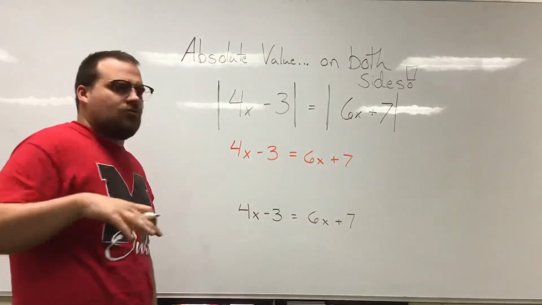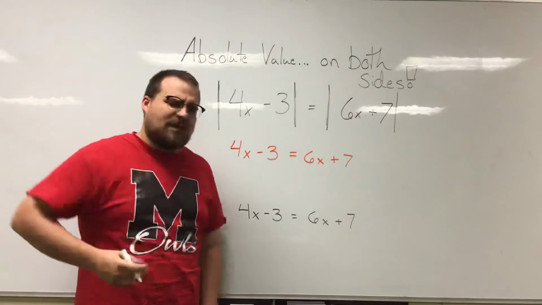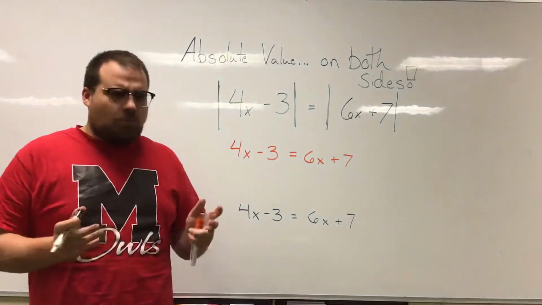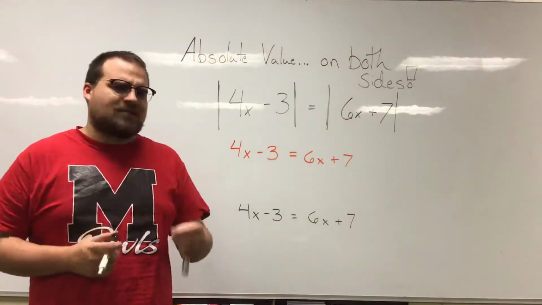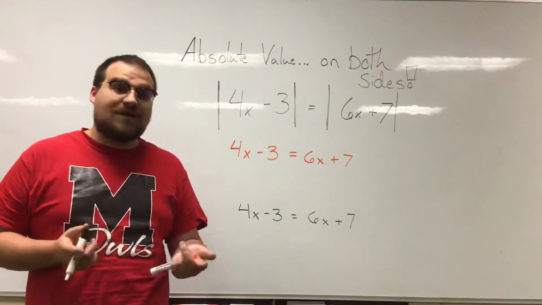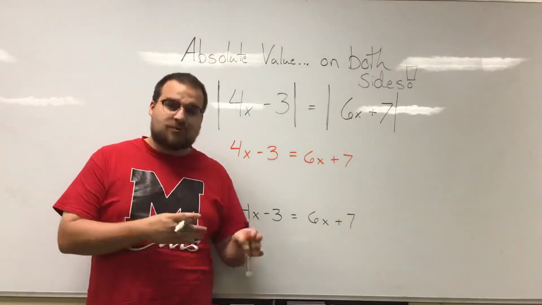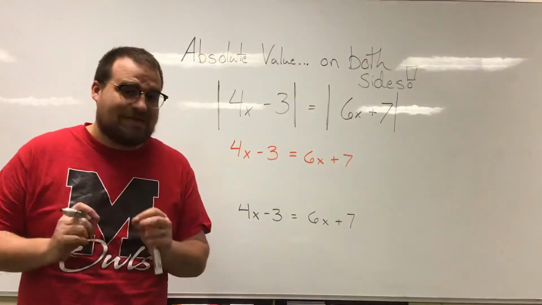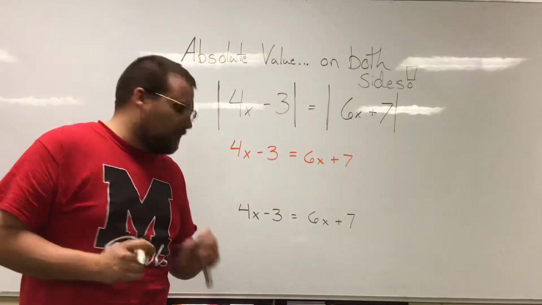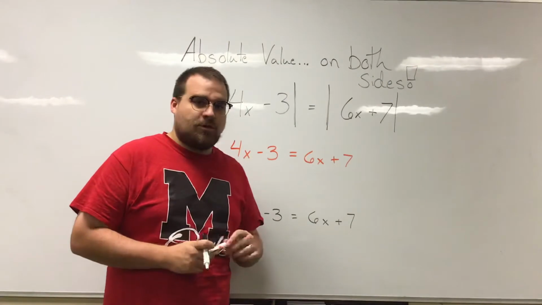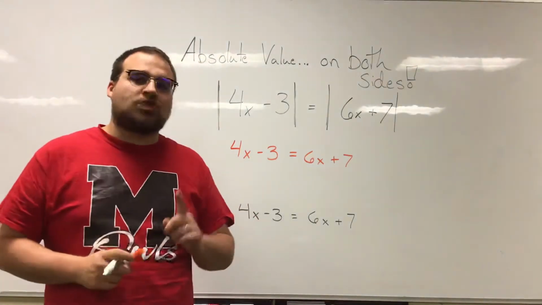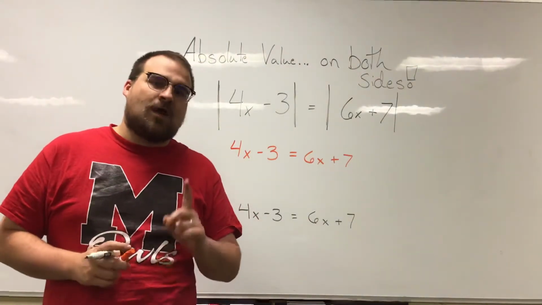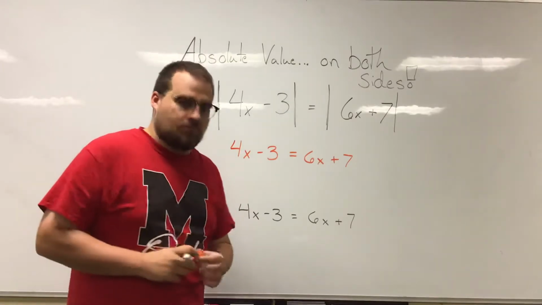Now think back to when we were doing absolute value before. What did we change about that second equation? We made it negative, right? We made that answer negative. We're actually going to do the same thing here. The only difference is we have multiple terms. So we're actually going to change the sign of both of those terms.